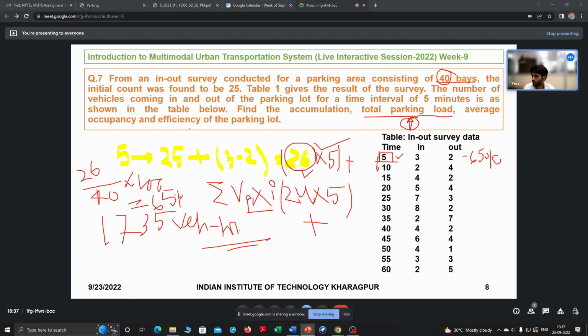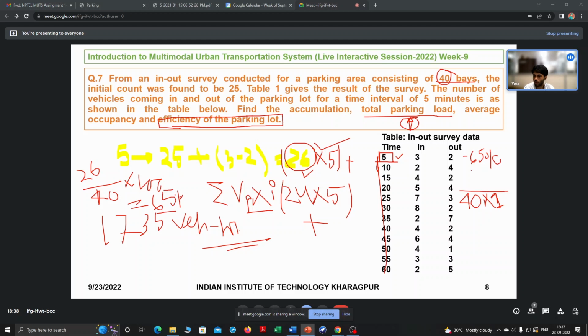Then if you want to calculate the efficiency of the parking plot, it is the same parking index only, but it is not for a particular time period, it is for the entire thing, right? Suppose your 40 bays means your capacity is 40 into your time of 1 hour, so 40 into 1 hour in terms of vehicle hour.